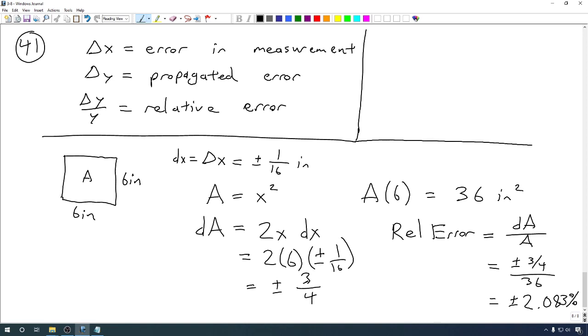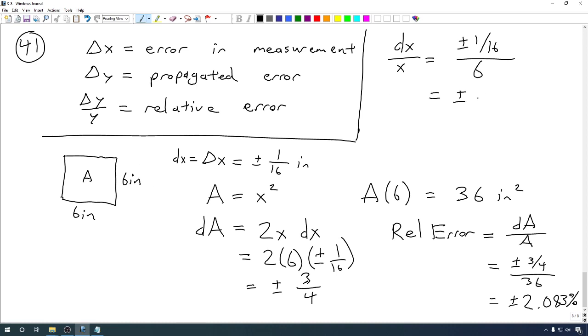Now, I will also note here that we can talk about relative error in the measurement itself. We could talk about what is dx over x. How much of an error are we possibly actually having here? In the whole 6 inches that we measured, if we have a possible error of 1/16 inch, then we're taking plus or minus 1 over 16. We're dividing that by the 6 inches that we measured.